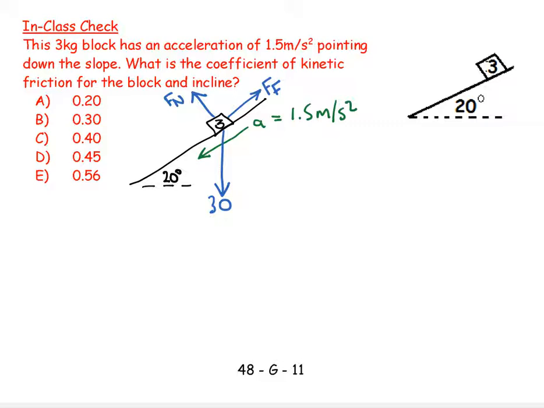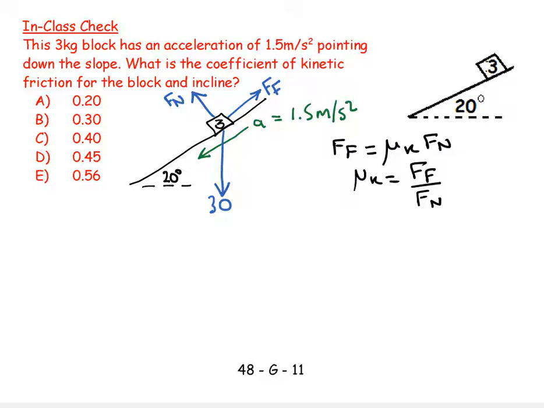So let's try and solve this. We always try to solve it in one step, and I want to find the coefficient of kinetic friction. So what links these things? Ff is equal to mu k times Fn. So mu k is equal to Ff over Fn. This is a good excuse for me to do a number of problems on here.